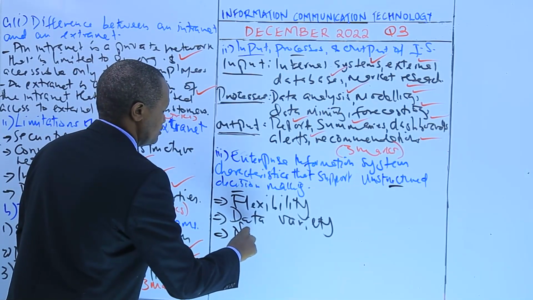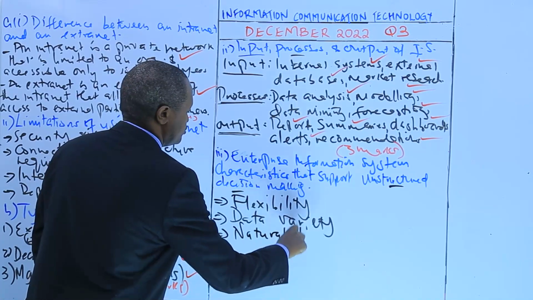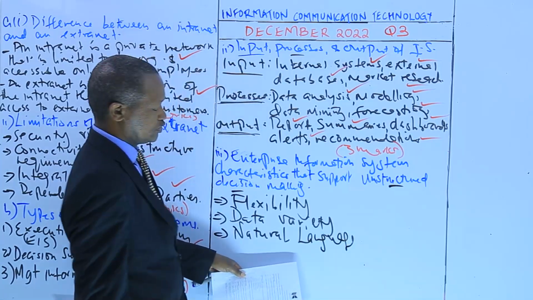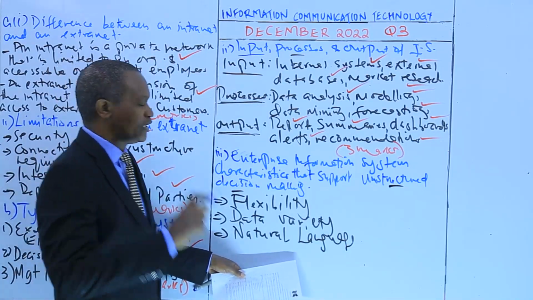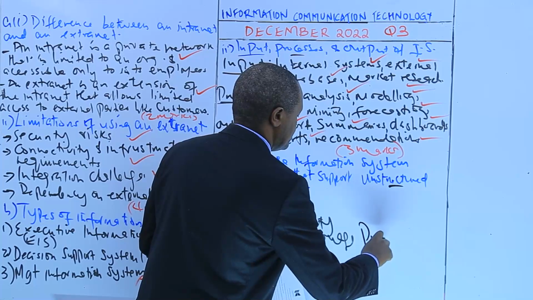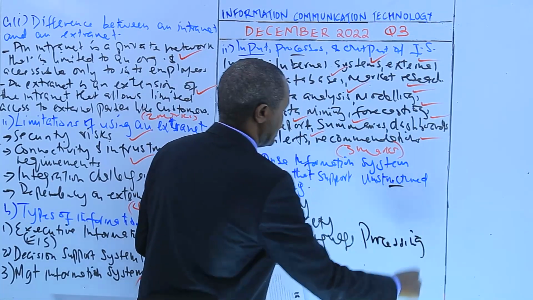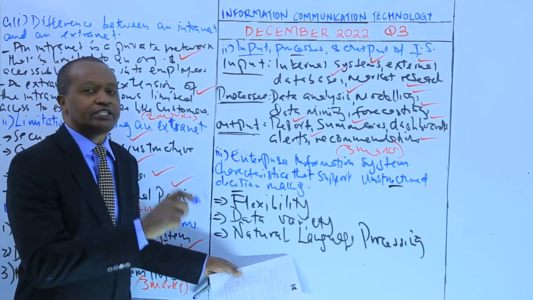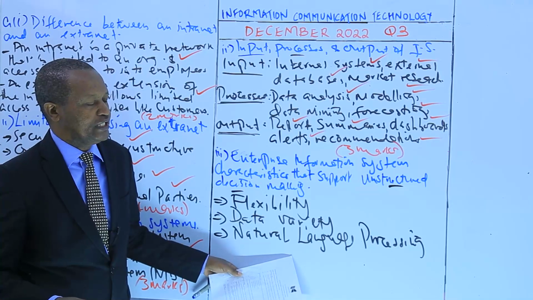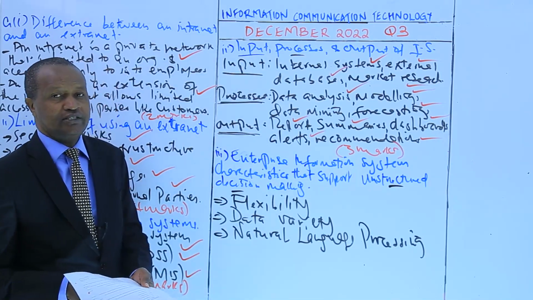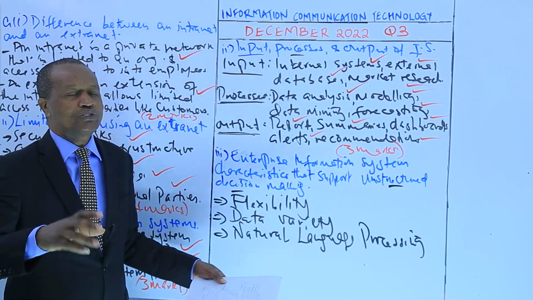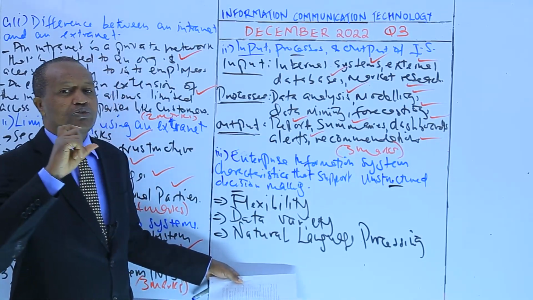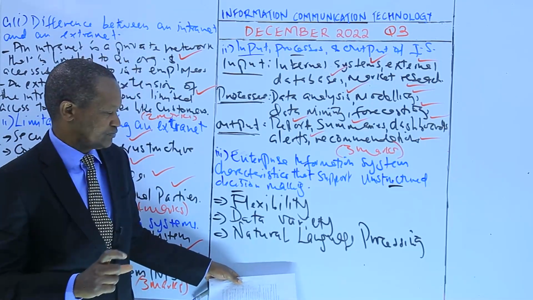3, natural language processing, the NLP. Now, the integration of NLP allows the system to understand and interpret what we call human language.